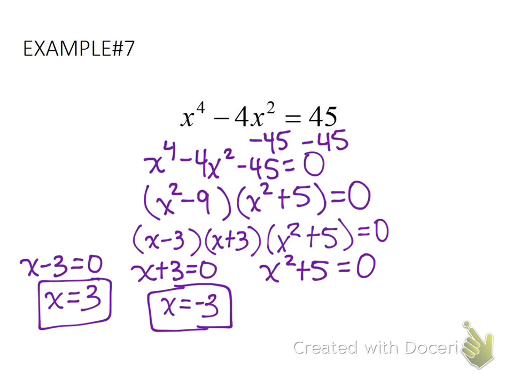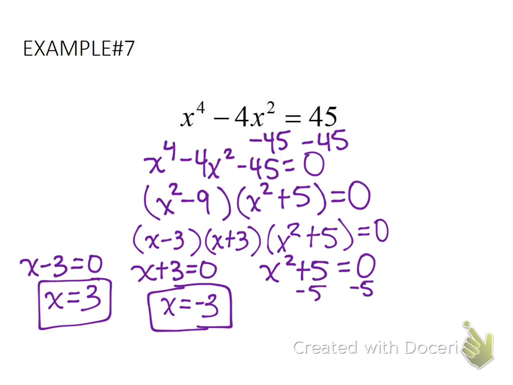How many answers would we expect to get altogether? 4, because we've got our highest exponent of 4. So let's hope this last one gives us 2 answers. Anybody want to help me solve the last one? Emily. X squared plus 5 equals 0. Mm-hmm. And then subtract 5 on both sides. Good.